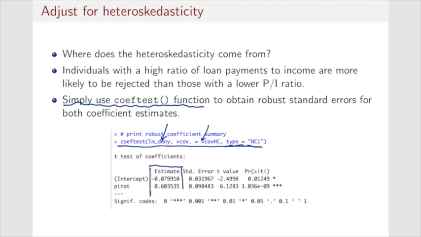The coefficients are the same as before, but now the standard errors are different. Given these robust standard errors, we can similarly calculate the t-statistic, F-statistic, or the confidence intervals and use the p-values to do hypothesis tests. So the t-values and p-values here are valid now.